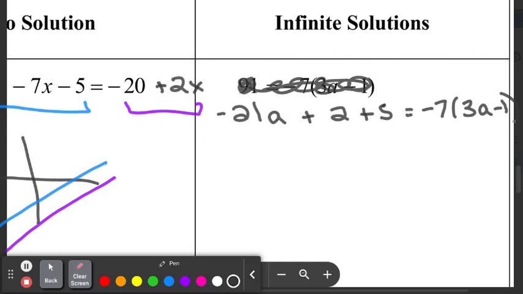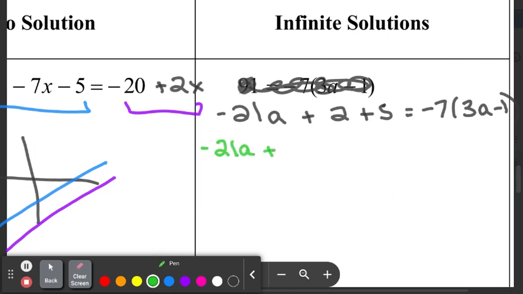So this problem should give us infinite solutions. So I have negative 21a plus 2 plus 5 equals negative 7, and then in parentheses, the quantity 3a minus 1. So I'm going to distribute first, so I'll just copy everything down.